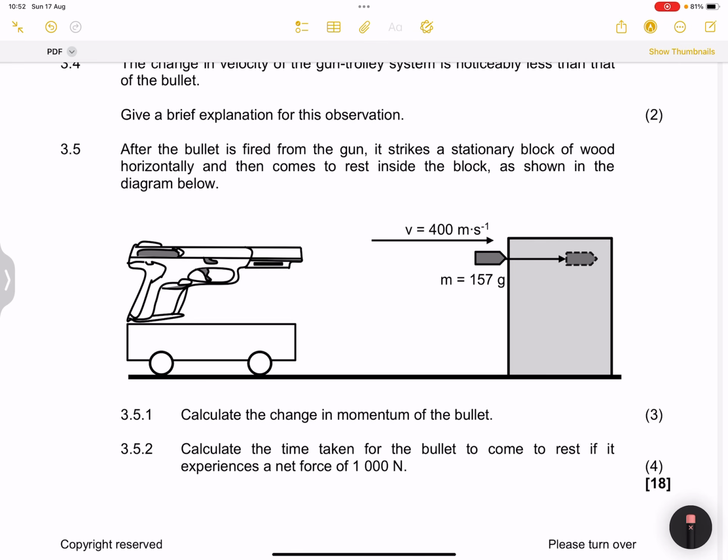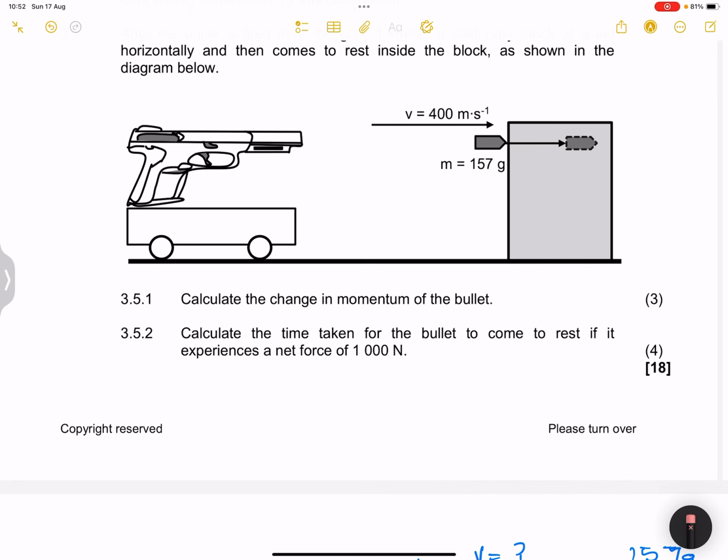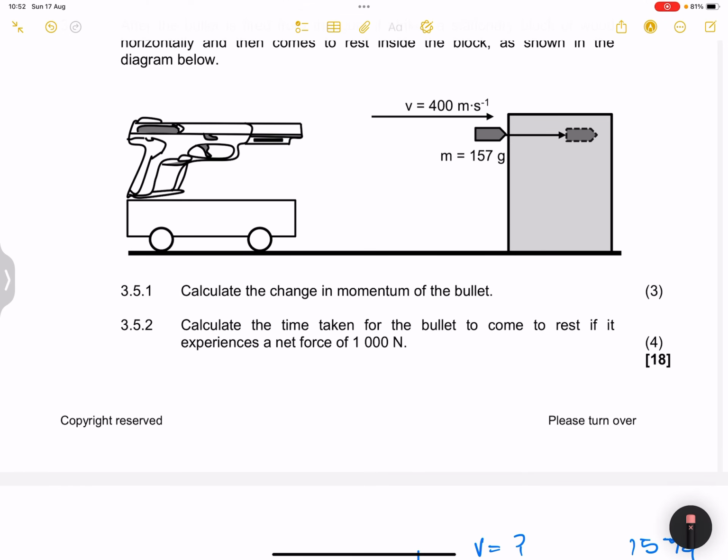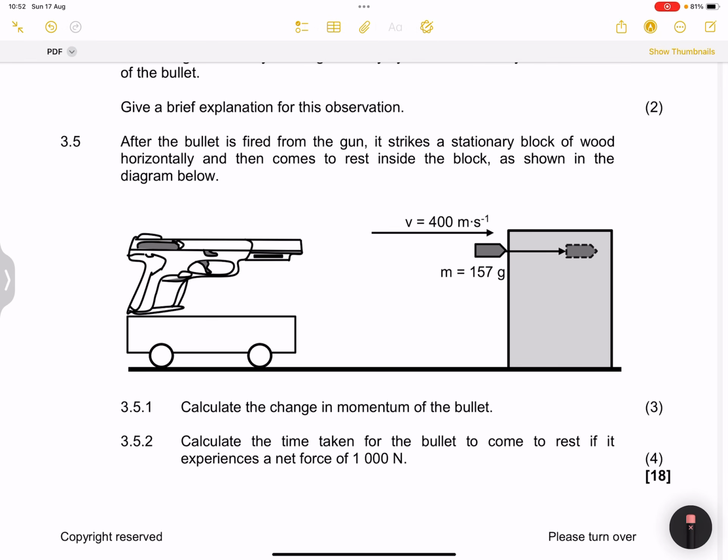So in this case, what will be our change in momentum? Our change in momentum will simply be the mass of the bullet multiplied by the change in velocity, right? So that's final velocity minus the initial velocity.